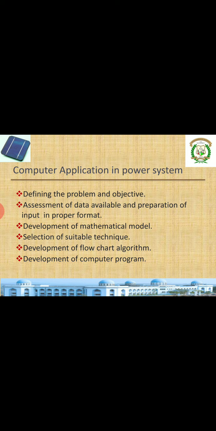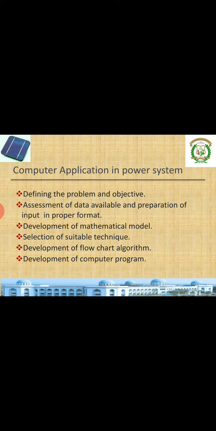Next is development of a mathematical model. Once we are ready with our data, we can go for modeling a system. This is a very important step where we develop the mathematical model. Then once the mathematical model is ready, we select the suitable techniques, which techniques we are going to choose for solving this particular problem.